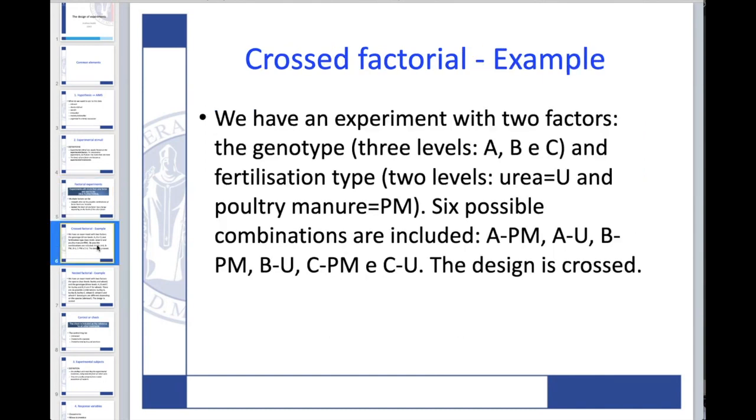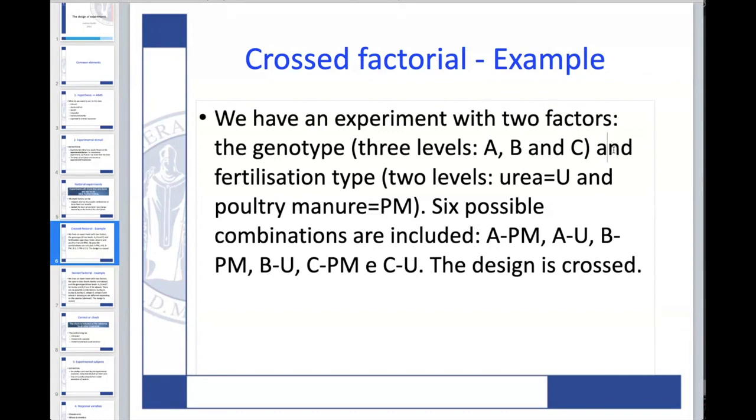This is a crossed factorial. We have an experiment with 2 factors, the genotype with 3 levels, A, B, and C. So this is still Italian here. And we have fertilization type, 2 levels. For those who are experienced, these are 2 different fertilizers, urea and poultry manure. For those who are not experienced, it doesn't matter. There are 2 different fertilizers.